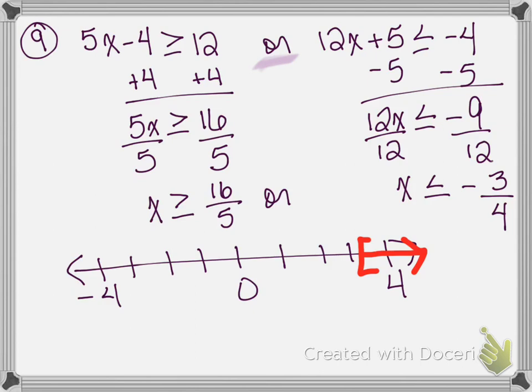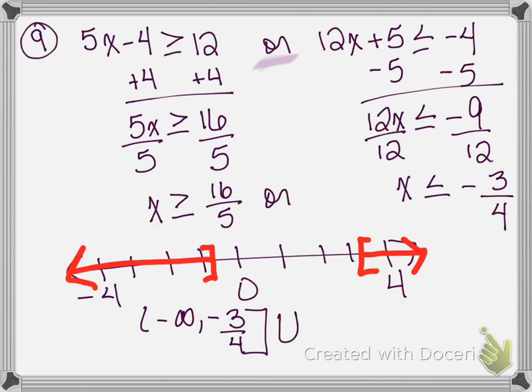Then when I do the x is less than or equal to negative 3/4, that's going to be about right here. Then I'm able to make sure that I get my interval notation in the correct order. So my answer to this is negative infinity to negative 3/4 union 16 over 5 to positive infinity.